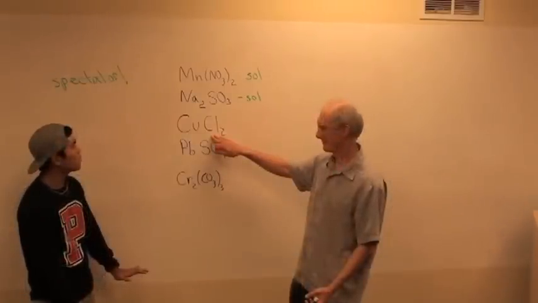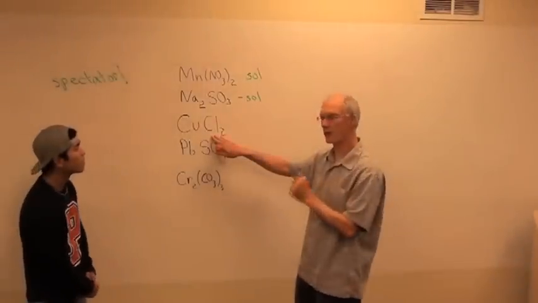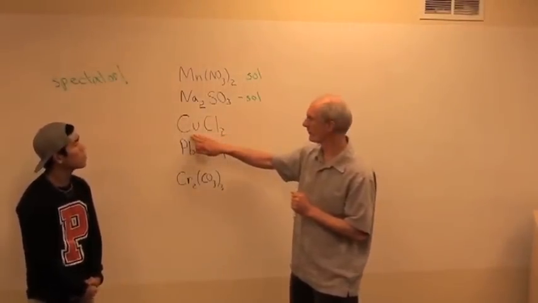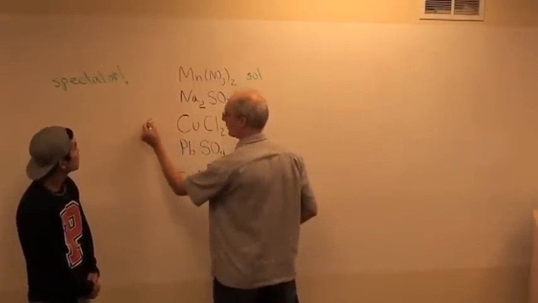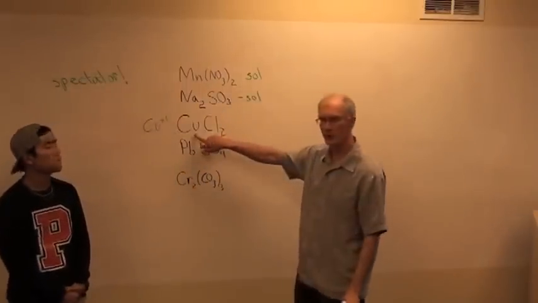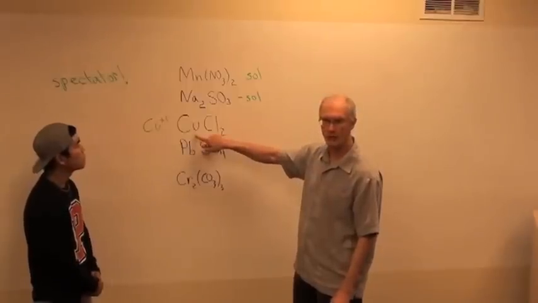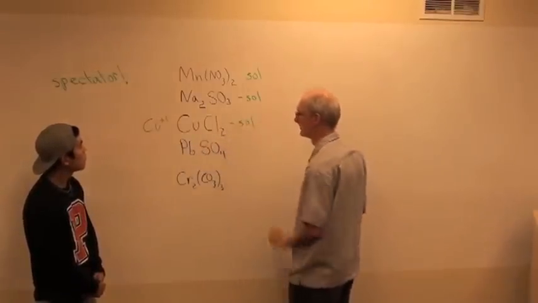Halides are always soluble, but that was in the middle section, so there are exceptions. And so you ask yourself, is this one of the exceptions? Well, one of the exceptions was Cu plus 1. Is this Cu plus 1? No. So that means this is not one of the exceptions. That means it's soluble.